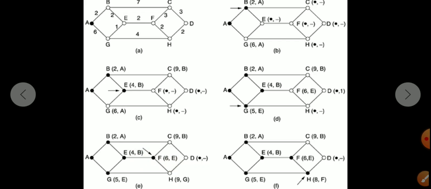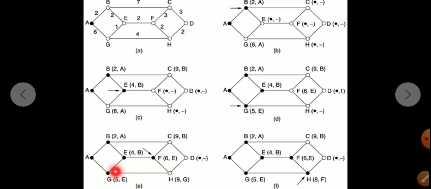From here F is completed, right? So just come here, G will go next. G is already predefined because it was changed, because E gave the shortest path, 5 comma A. Now from A to G to H, what is the value?